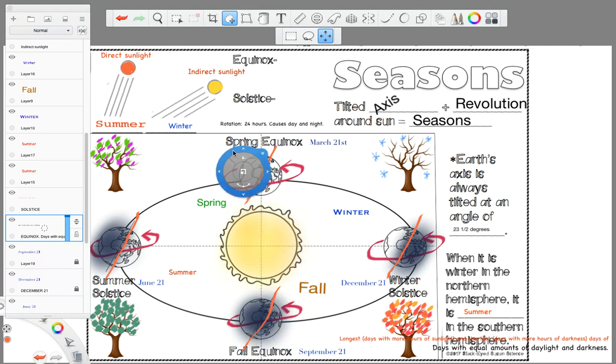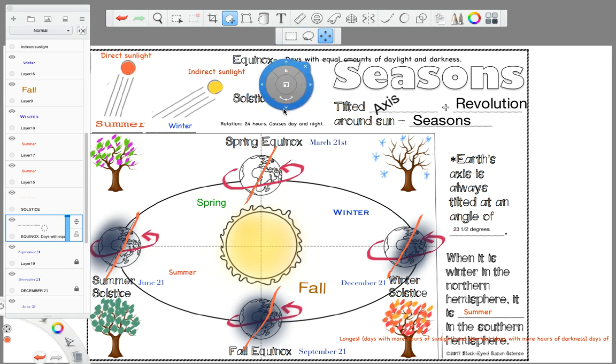The spring equinox occurs on March 21st. And what that means is days with equal amounts of daylight and darkness. So it's about 12 hours of sunlight and 12 hours of darkness. Think equal amounts of day and night. And that happens on March 21st and September 21st.